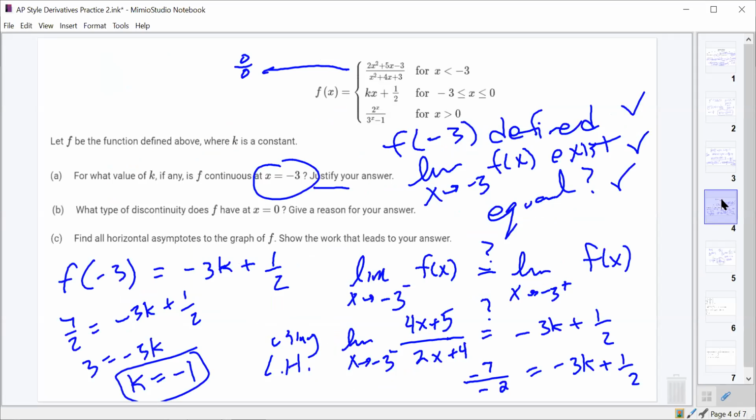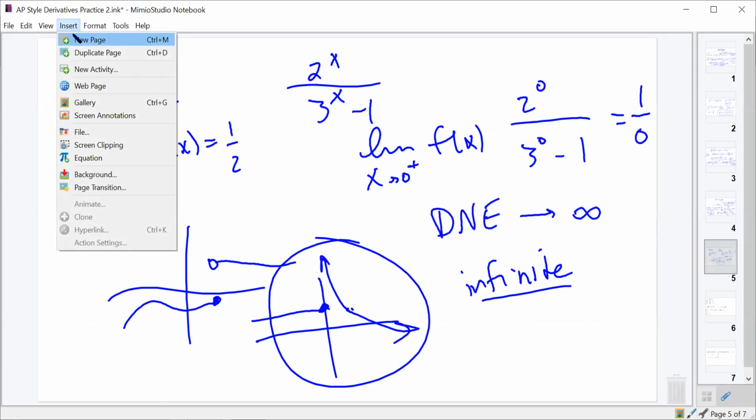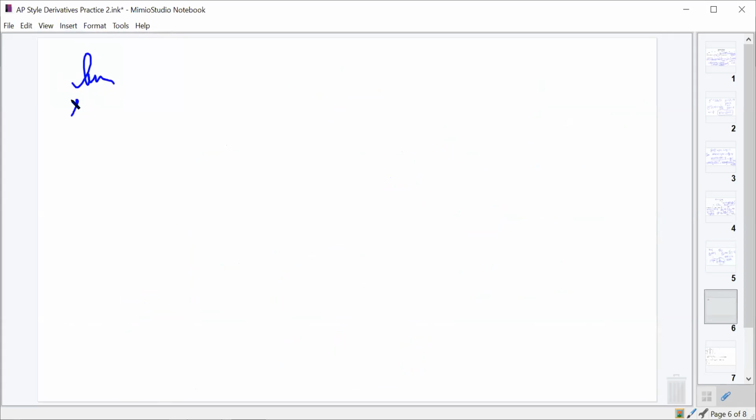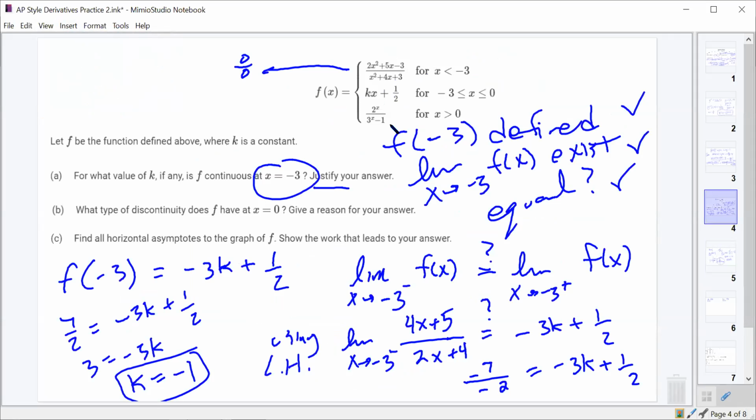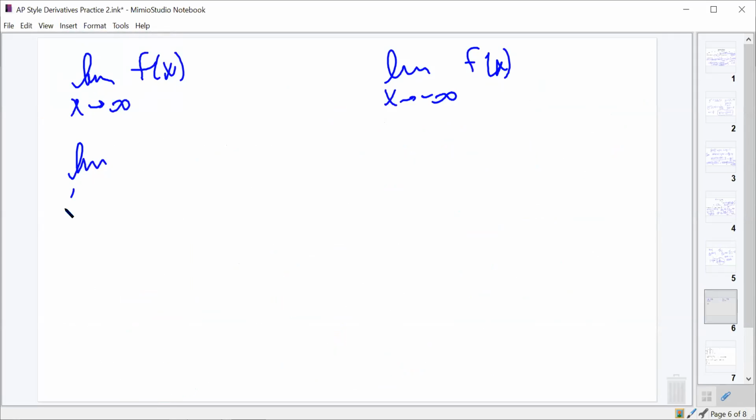All right. Part C asks us to find all horizontal asymptotes for this graph. So horizontal asymptotes, how do we find those? A limit to infinity and a limit to negative infinity, right? If we're going to positive infinity, we're going to use the 2 to the x over 3 to the x minus 1. So this should be the limit as x approaches infinity of 2 to the x over 3 to the x minus 1.